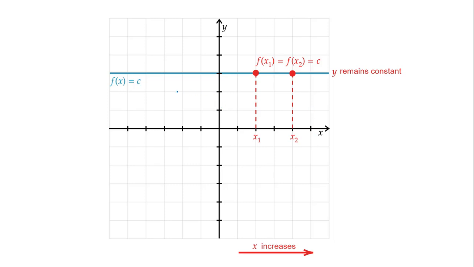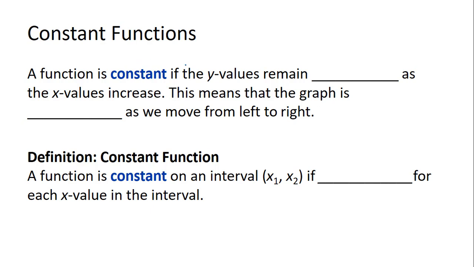The last graph is an example of a horizontal line that goes through a y value of c. So notice that as x is increasing, that is, as we move to the right end of the graph, it remains flat. There's no rise or fall to the graph. So we say in that case that y is remaining constant. So a constant function is one where the y values remain constant or unchanged as the x values increase.